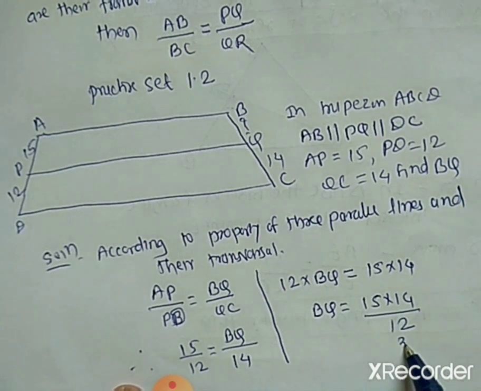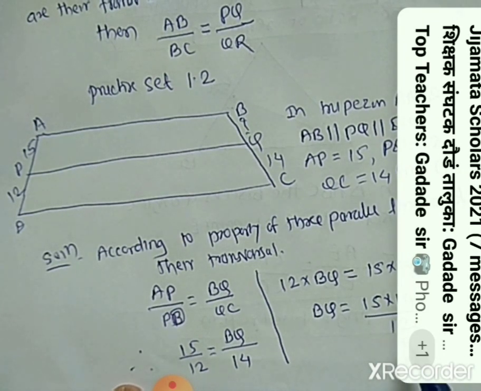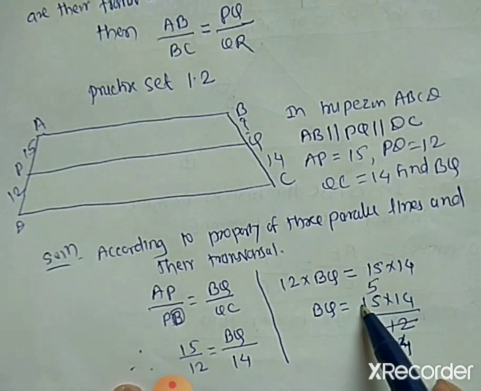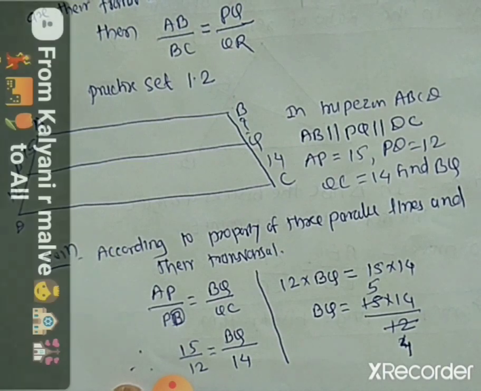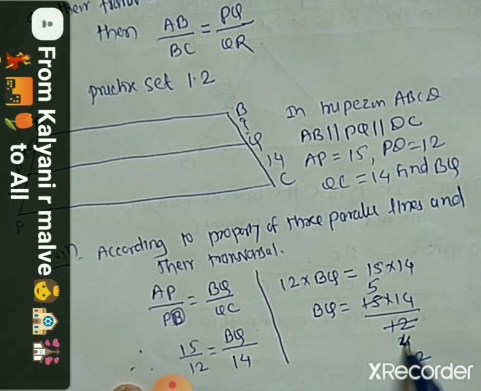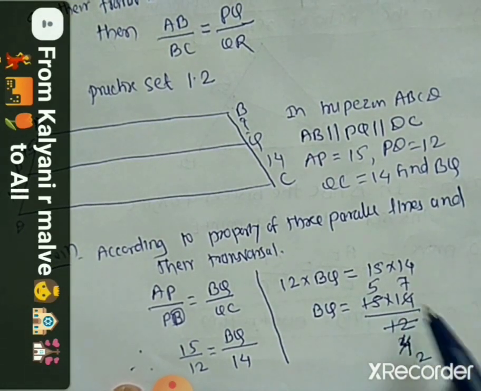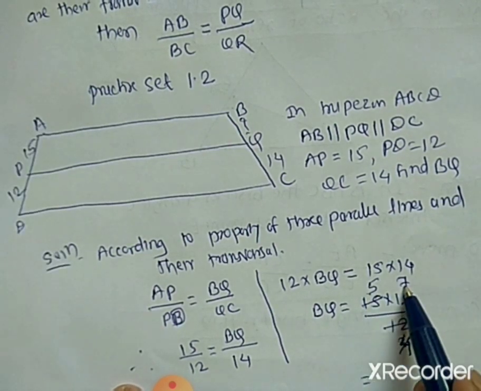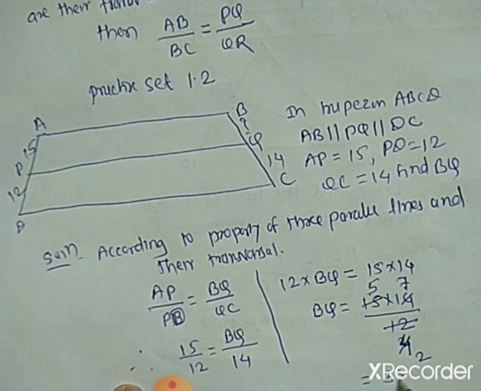3 4s are 12, 3 5s are 15. Now 2 2s are 4, 2 7s are 14. What I will get here, 5 into 7, 35 upon 2.